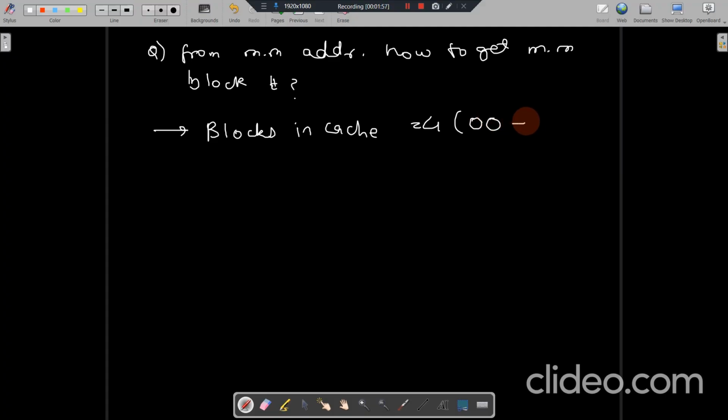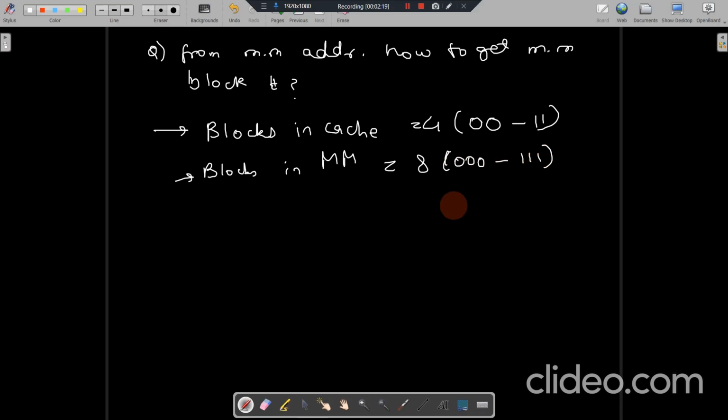So we will use 2 bits, 00 to 11. Okay, blocks in main memory. Total blocks in main memory is equal to 8, and 8 can be represented using 3 bits, 000 to 111.